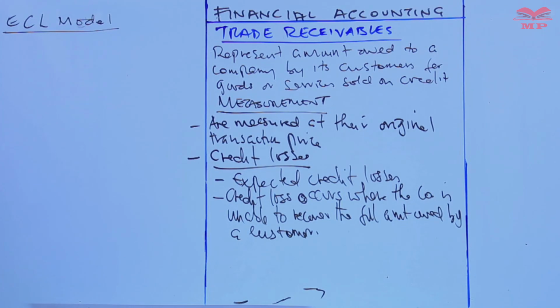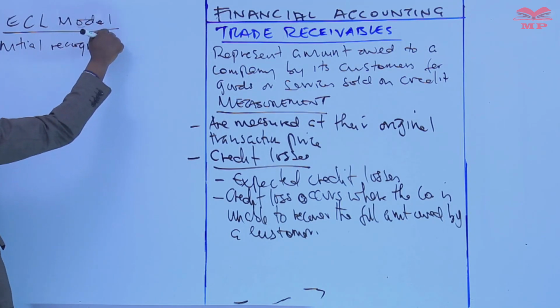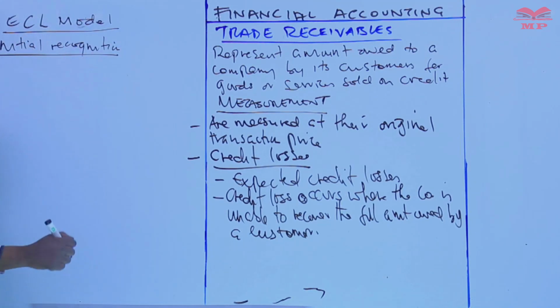And the model involves assessing the probability of default and the potential loss given default. So the steps in the expected credit loss model involve: 1. Initial recognition. This is what we call initial recognition.